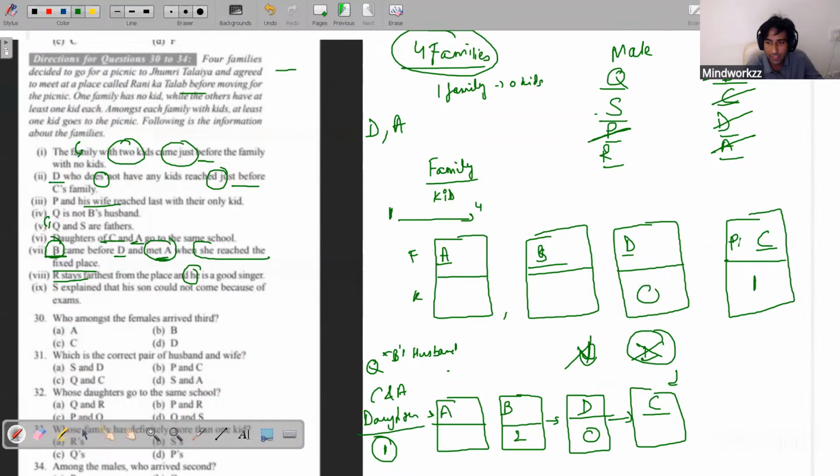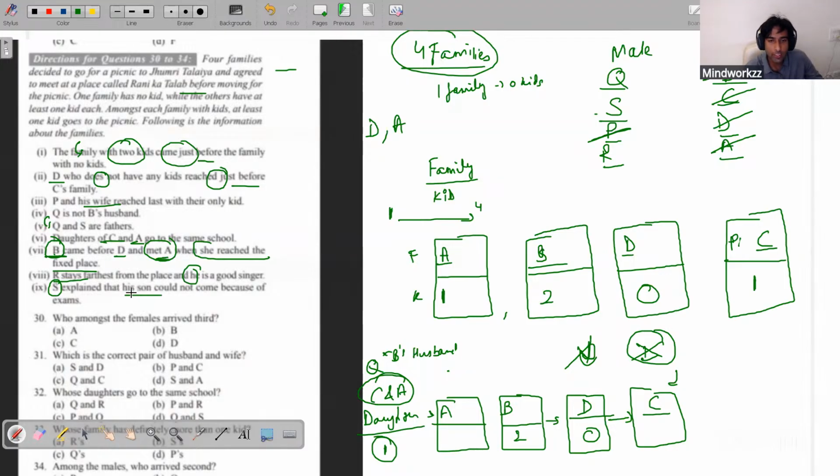And we know that D is somebody who has 0 kids. B's family has 2 kids, and A's family you can assume has 1 kid because it was told that C and A have a daughter. Now, if you see this clue, S explained that his son could not come because of exams.